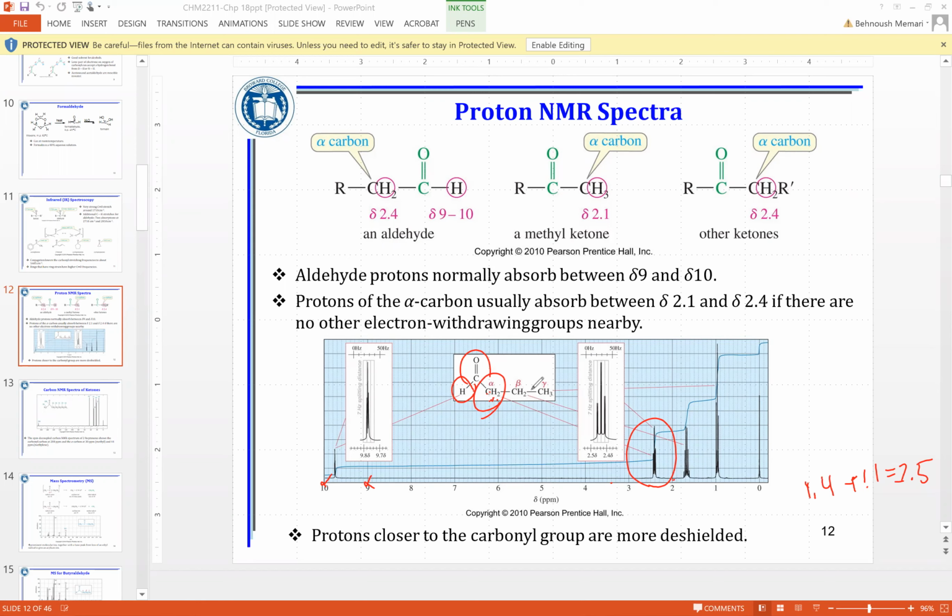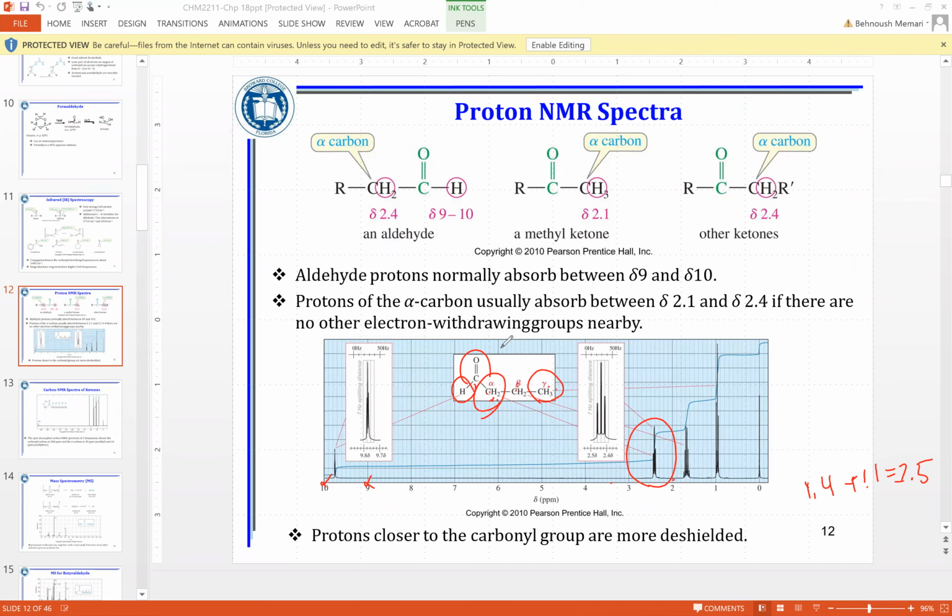The further away, beta and gamma, if the hydrogens are further away from the carbonyl group, the electron withdrawing effect is going to be less significant. This CH3 is not going to show at 0.9, it would show at 1.